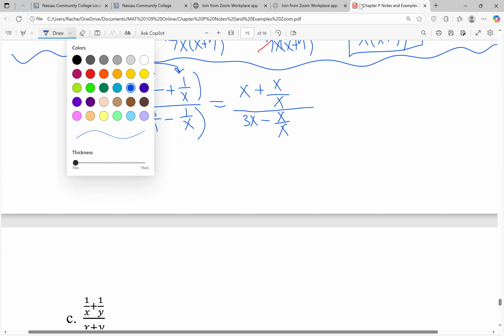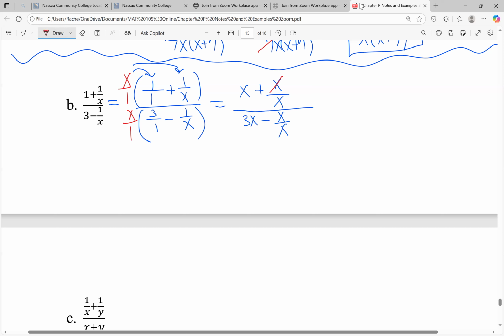And look what happens. x over x is 1, x over x is 1, 1 over 1. So in the numerator, I'm left with x plus 1. And then in the denominator, I have 3x minus 1.